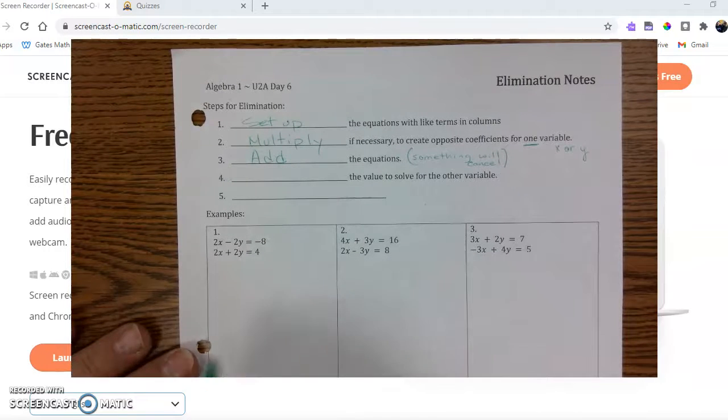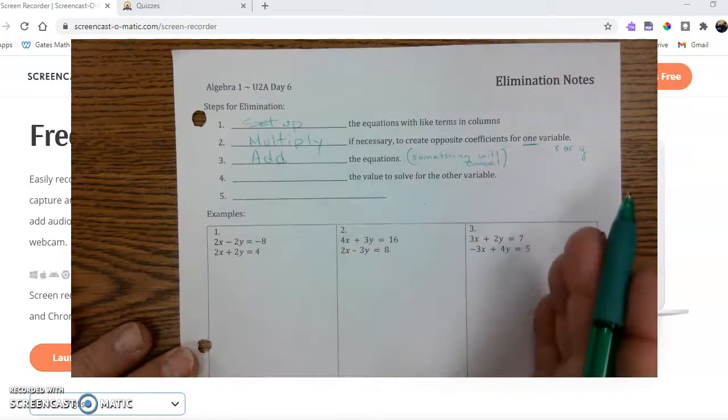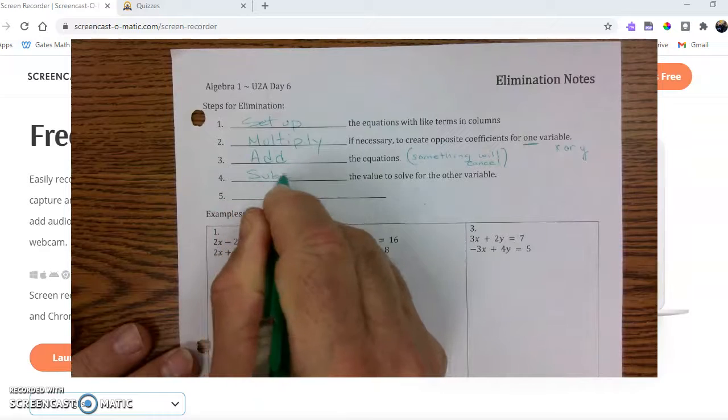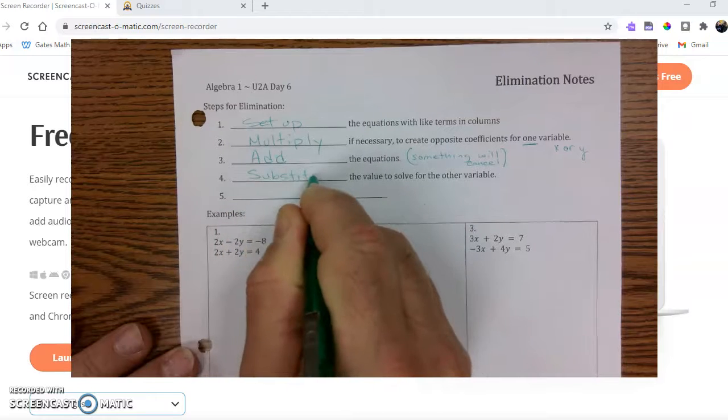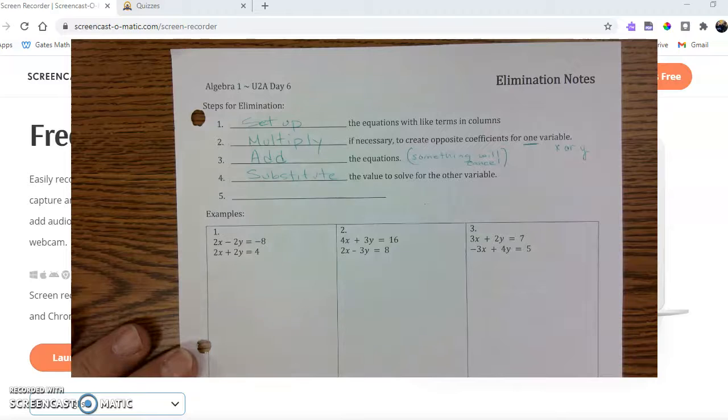Okay? When we do that, we will be able to add. So we add the equations, and then we solve, and then we substitute our answer, the value, back into one of the equations to find the other variable.